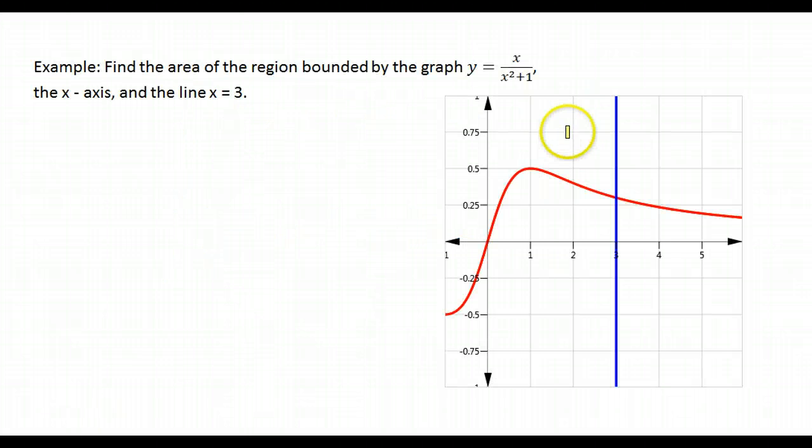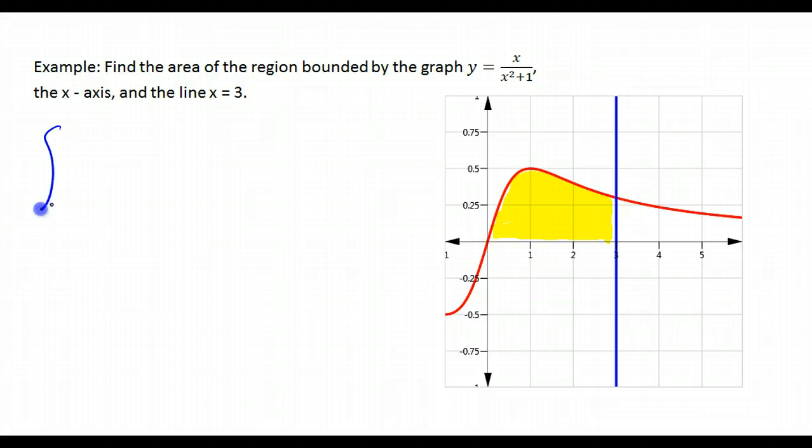Well, if we'd like to find the area of the region bounded by the graph of y equals x over x squared plus 1, which is this red function here, the x-axis, and the line x equals 3, so that's this area right here, more or less, then we're going to integrate that to find the area.